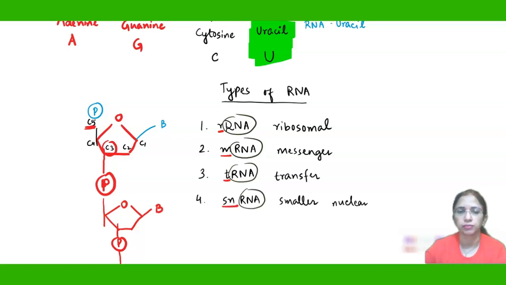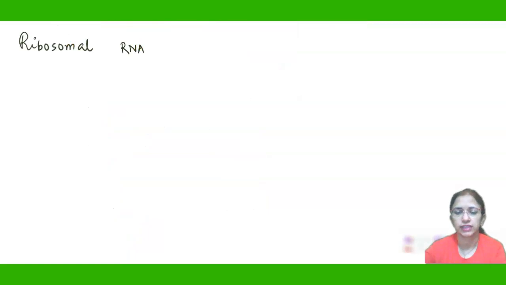In this chapter, we are to read about these four. However, there are other types of RNAs also, but we will be discussing these four in relation to molecular basis of inheritance.